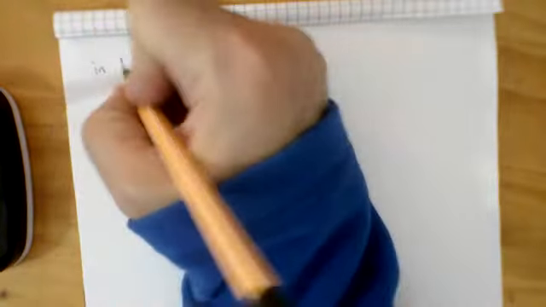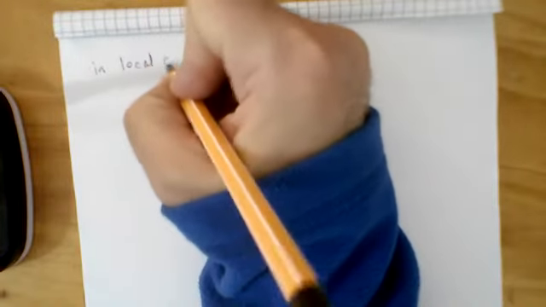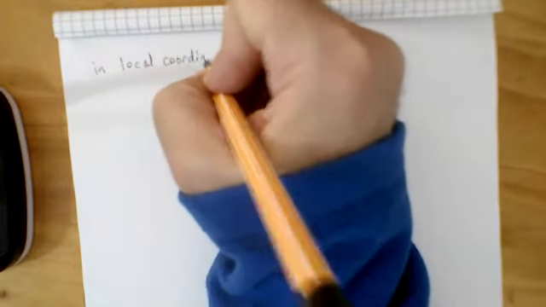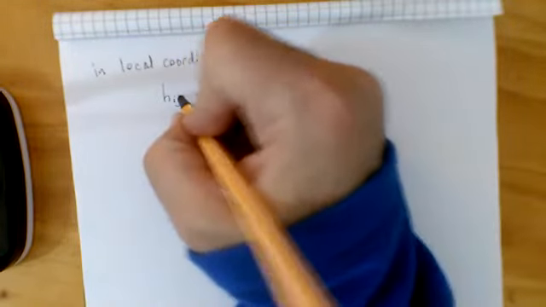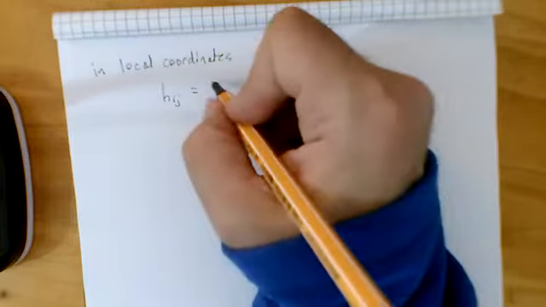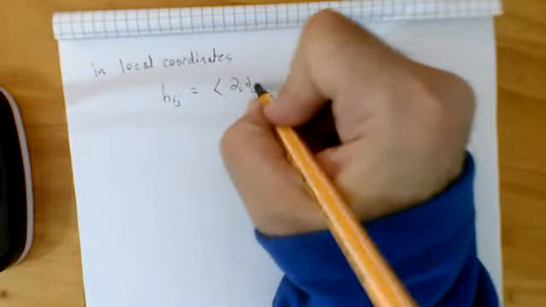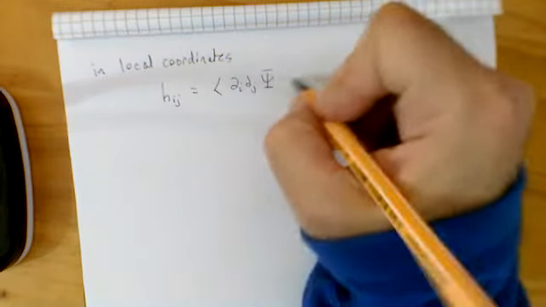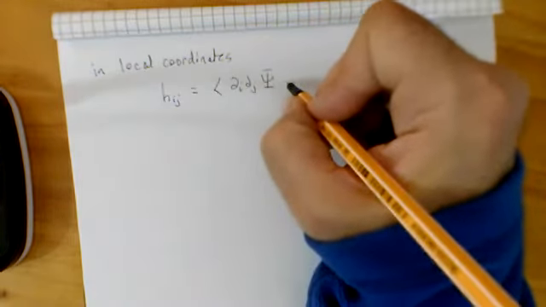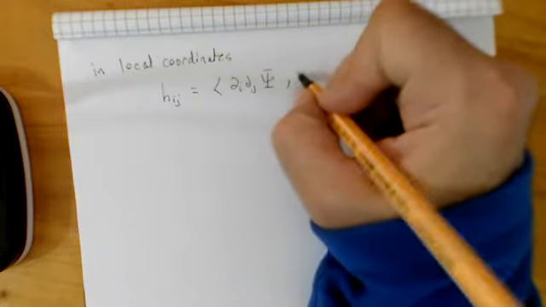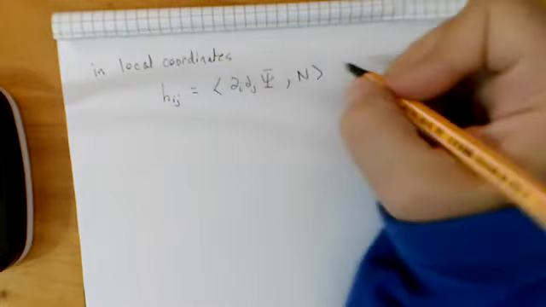So let's write some of this information. We can write in components, in local coordinates, H_ij is the inner product of d_i d_j psi with n.